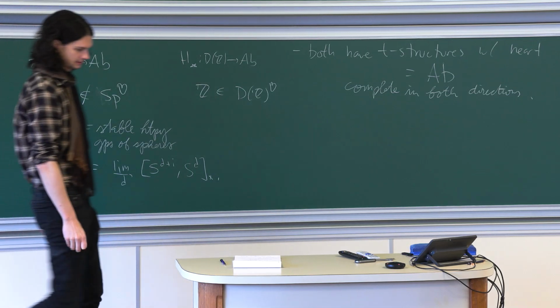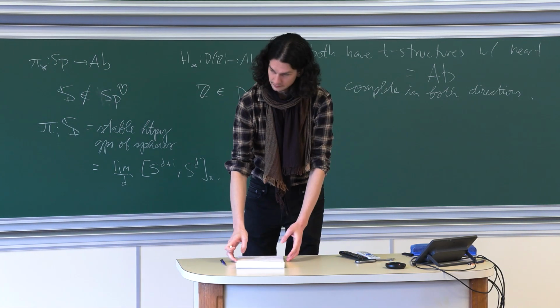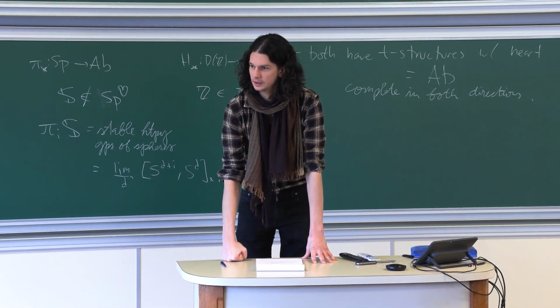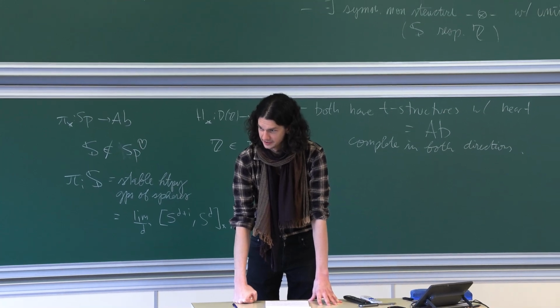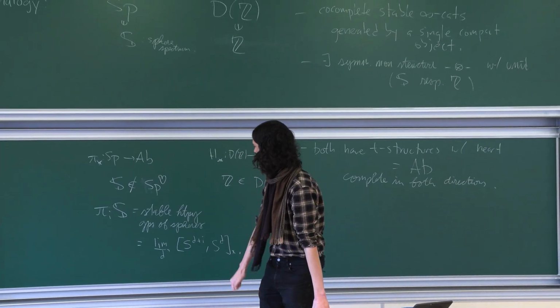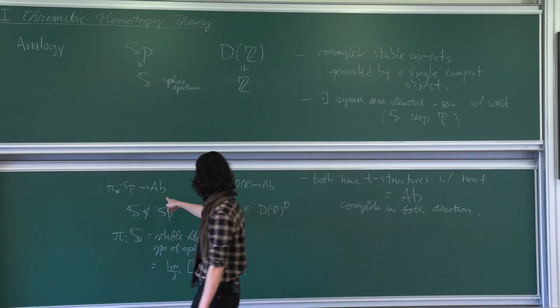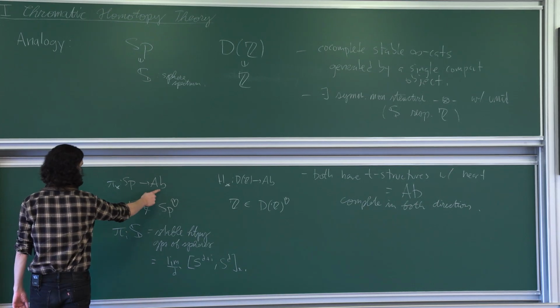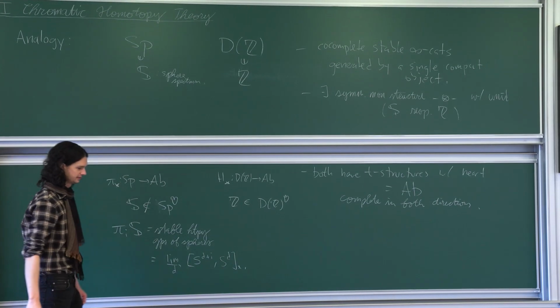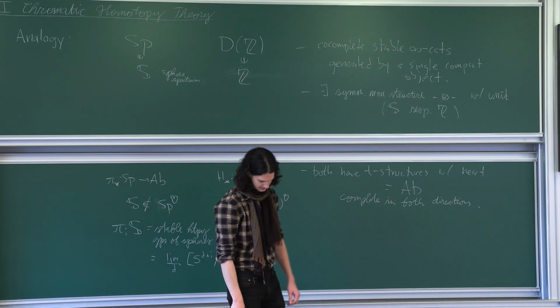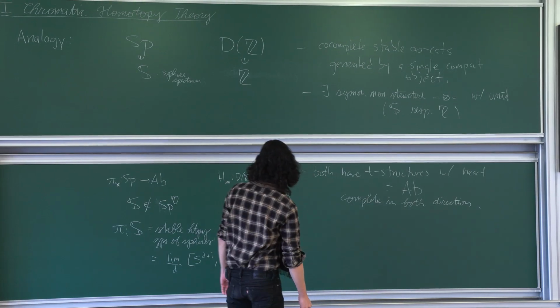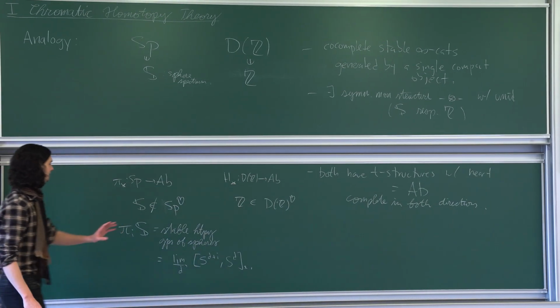In spectra, the heart is abelian groups, and the functor implementing that is the Eilenberg-MacLane spectrum construction. Okay, so that's some similarities.